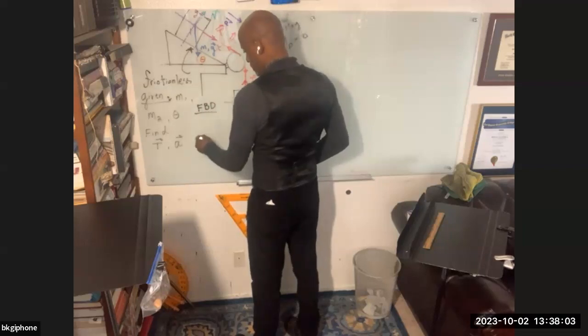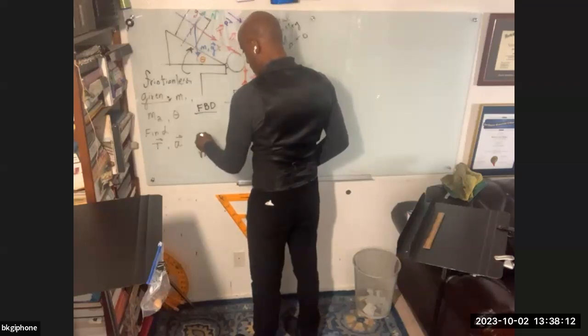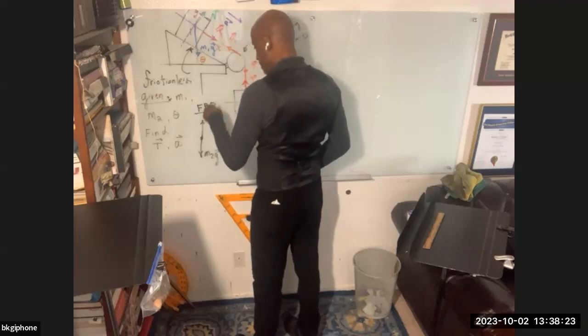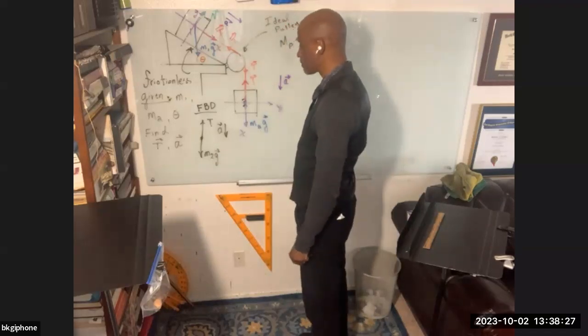Just this: m2 g down and tension up. And I always like to put something to let me know where the acceleration is. So the acceleration is positive in the down direction, which we call the positive x direction.